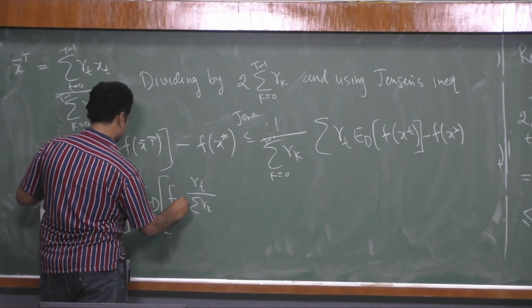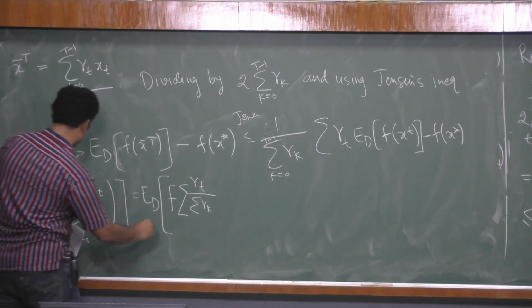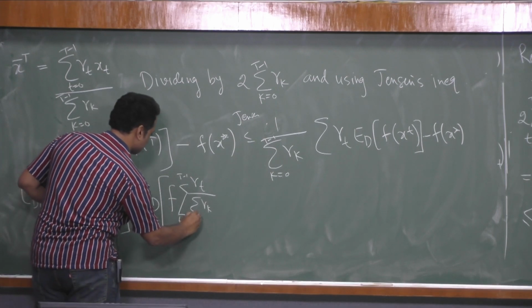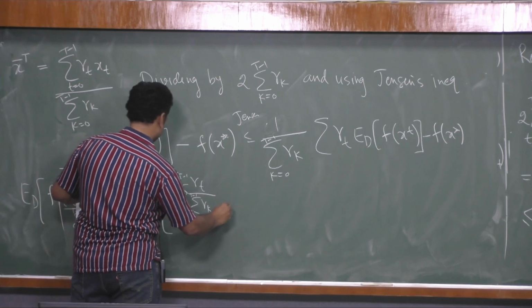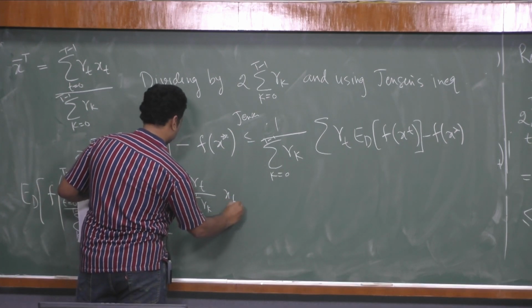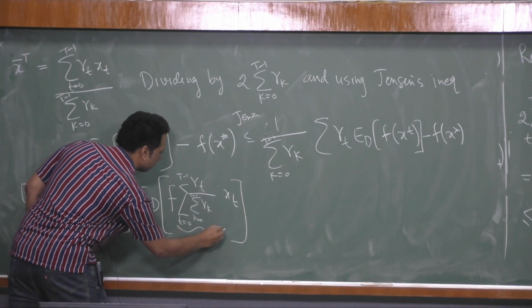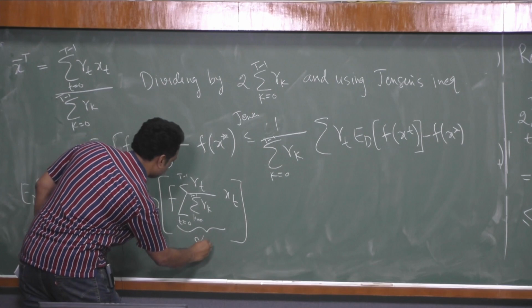And then this is the sum, the outer sum, t equals 0 to t minus 1, and this is k 0 to t minus 1, and this is x t, okay? So these are like your alpha t, let us say.